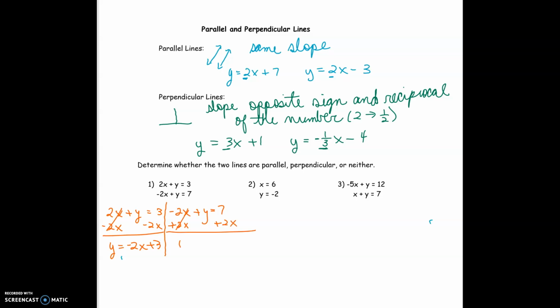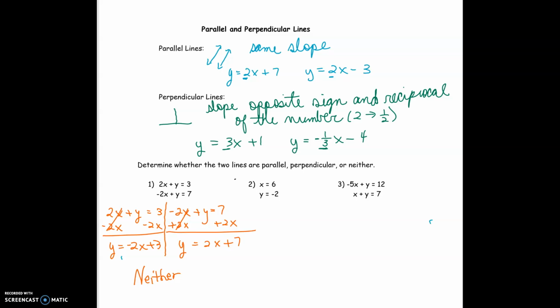So now I get y equals 2x plus 7. So I have a negative, which is opposite here because that's positive, but I have a 2, and 2 is not the reciprocal of 2. So then this one is actually neither. Okay?